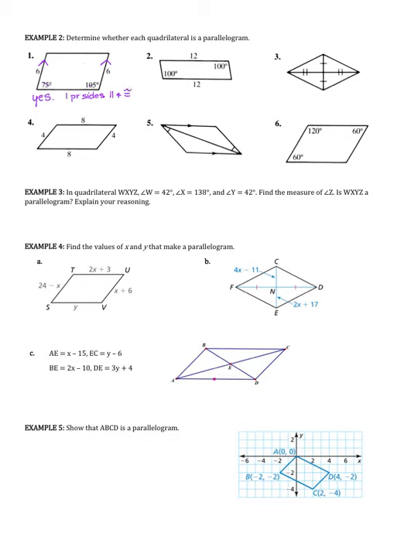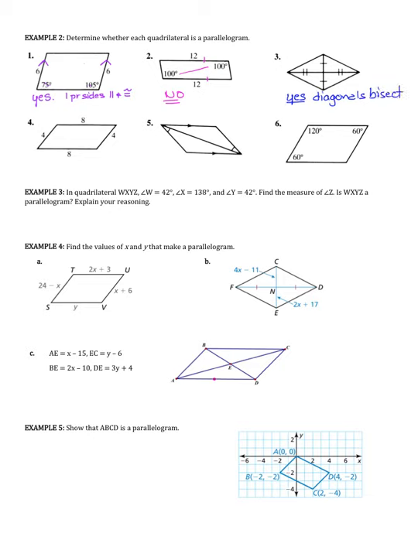One pair of sides is both parallel and congruent, would be the reason for that one. In this second one, you do have one pair of opposite angles and one pair congruent, but not enough information in the format that we need it. All right, and this next one, number 3, is a definite yes, because the diagonals bisect each other.